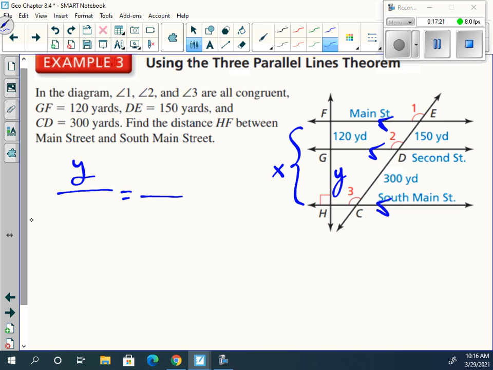What should it be? 120, yes, is equal to 300 over 150. There's our A to B, C to D. We're always operating on the same line. So any questions on how we got this set up? Okay.